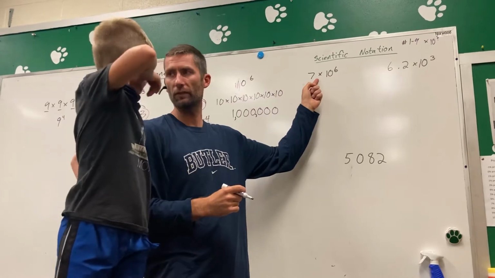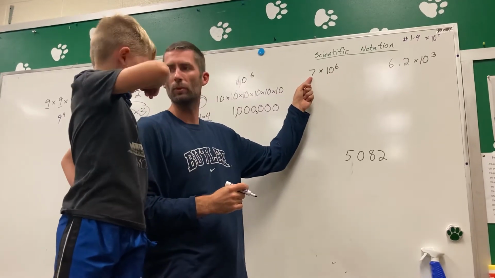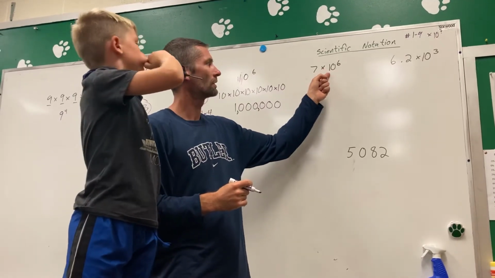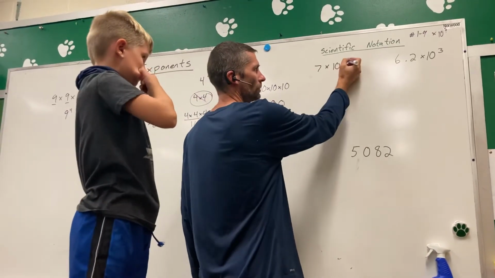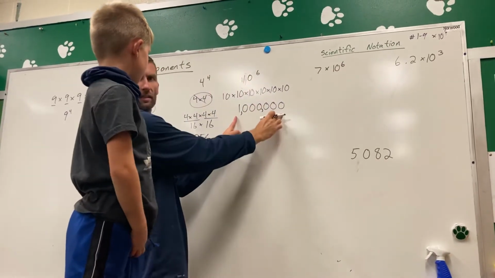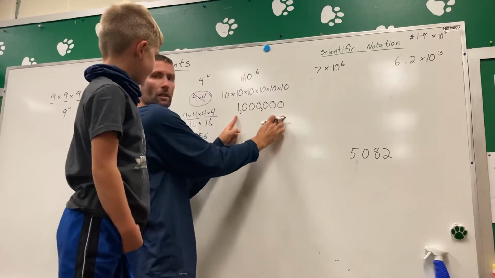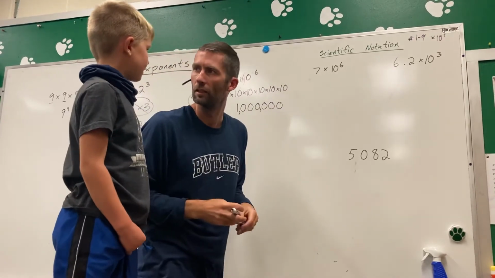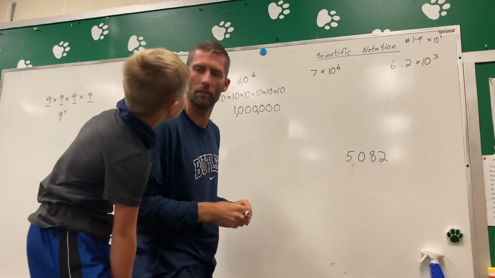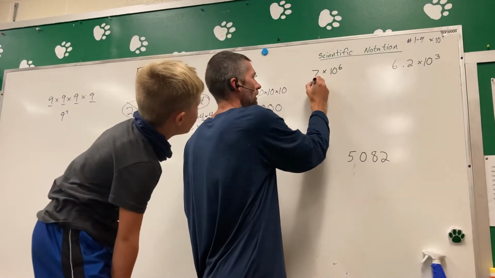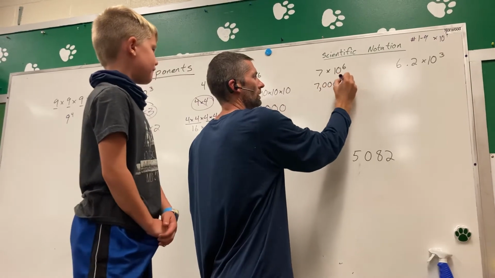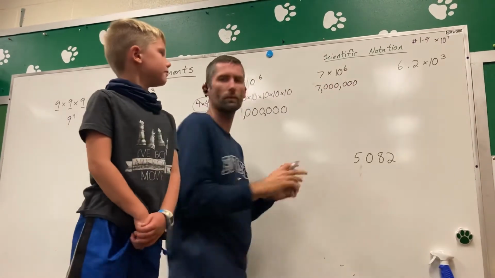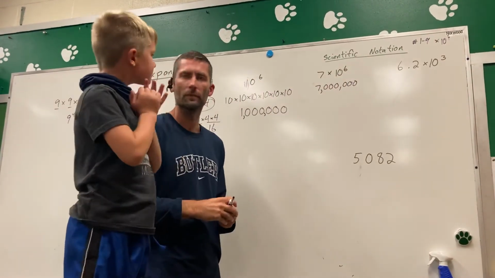This is already in scientific notation because it has 7, a number between 1 and 10, times 10 to some power, and we know 10 to the power of 6 was a million. So 7 times a million is 7 million, exactly. 7 with 6 zeros after, right?